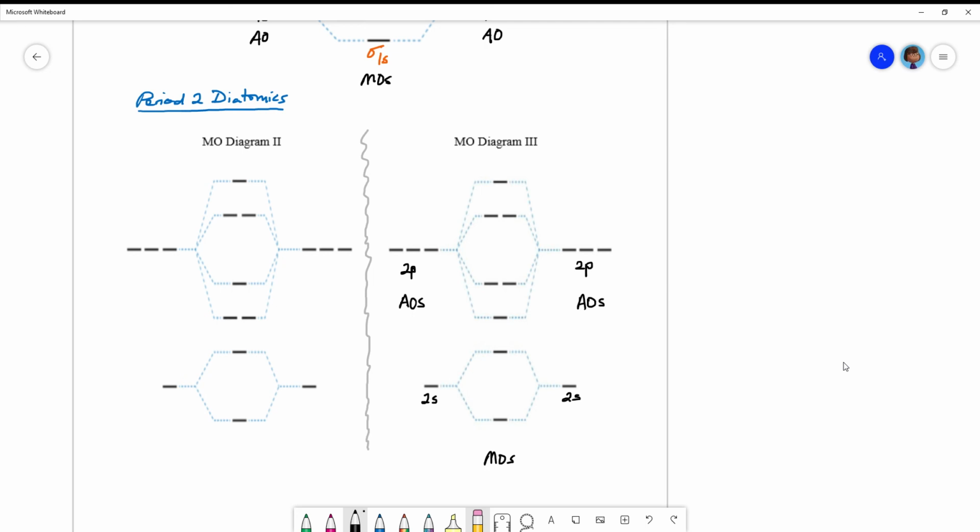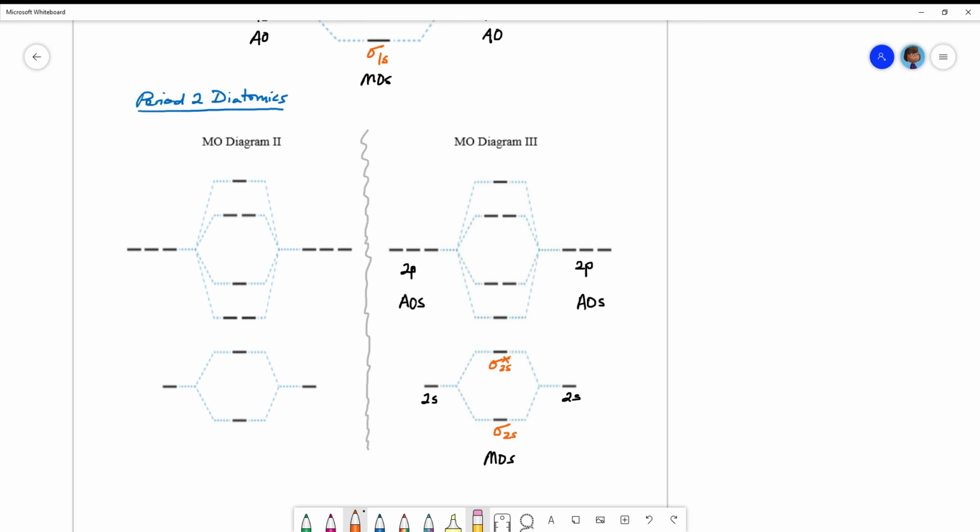So what happens when these orbitals combine? Well, the 2s will combine with the 2s because they have the same energy and the same symmetry. And will they combine head to head or side to side? They combine head to head. And when they combine head to head, we end up making a sigma 2s molecular orbital and a sigma star 2s antibonding molecular orbital.